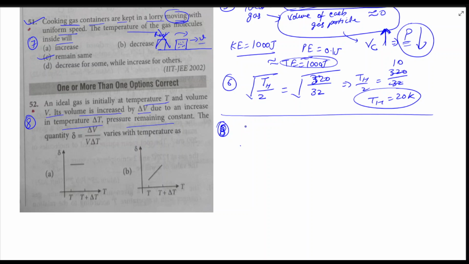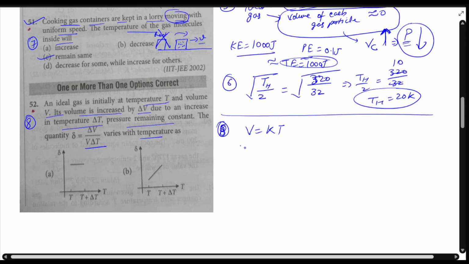So if pressure is constant, the volume is like KT, where K is some constant. You have to draw this graph. So let's draw the graph.